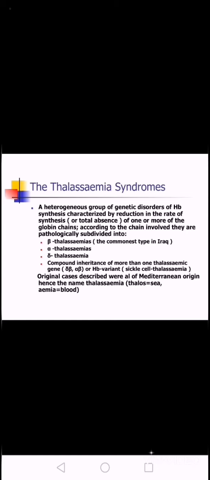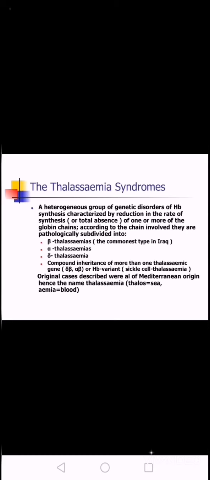As we said, the globin chains are composed of 2 alpha and 2 beta. So in thalassemia syndrome, maybe the globin is composed of 1 alpha and 2 beta chains, or 2 alpha and 1 beta chain, or there is a reduction in one of these chains.